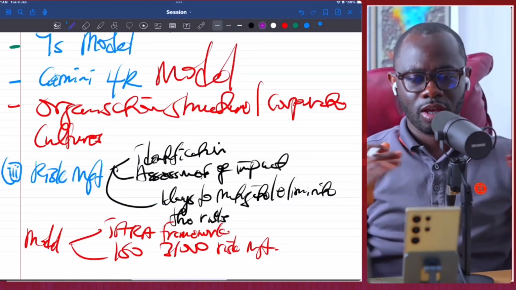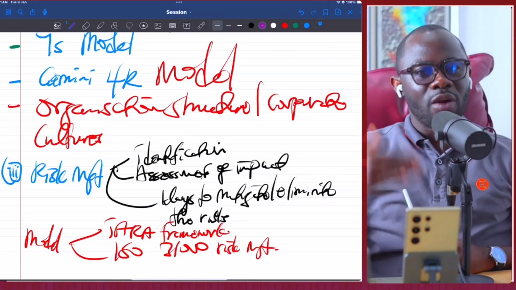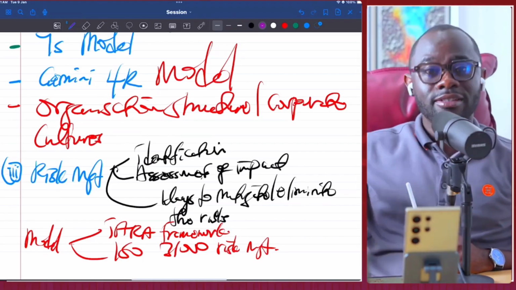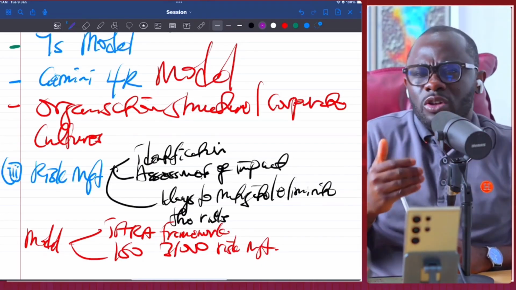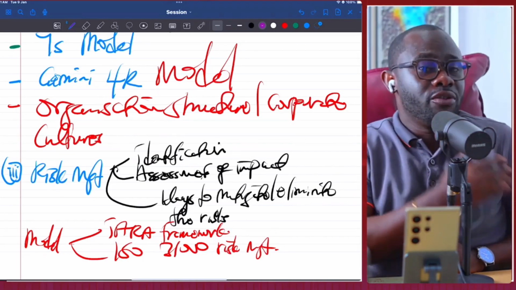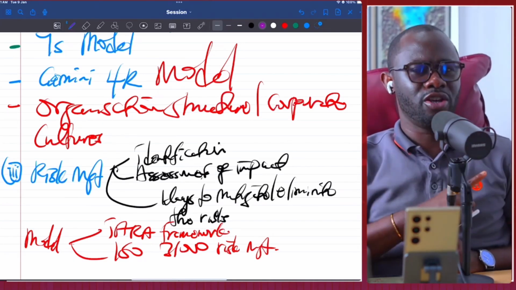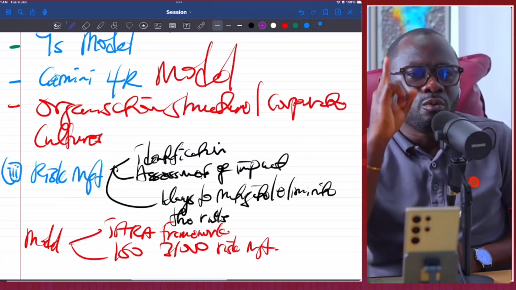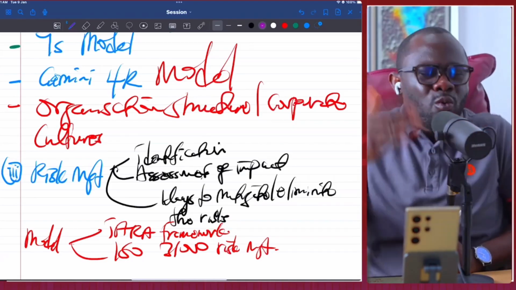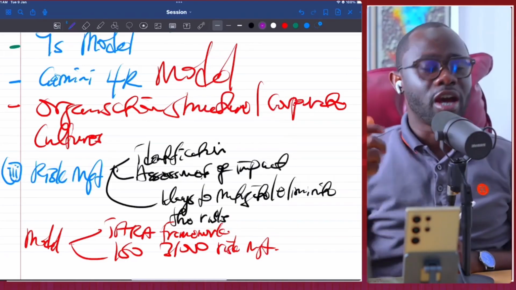Stay with me. So we have decided that to expand and grow, we want to enter new markets. So we want to start selling our product in Nigeria. If we want to sell our product in Nigeria, what are the risks we are going to be facing? What are the risks we should be looking out for?